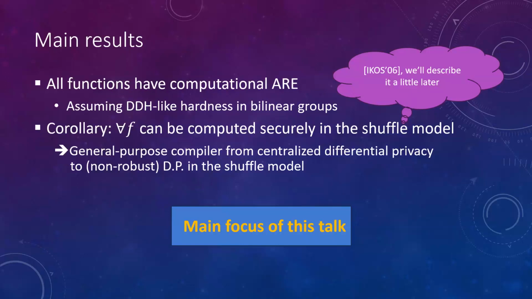Assuming some DDH-like assumption on bilinear map groups, every function has a computational additively randomized encoding scheme. And I'm going to talk about a corollary of that for the shuffle model, and in particular, how you can use it to get a general purpose compiler that takes any centralized differentially private scheme and turns it into a differentially private scheme in the shuffle model.